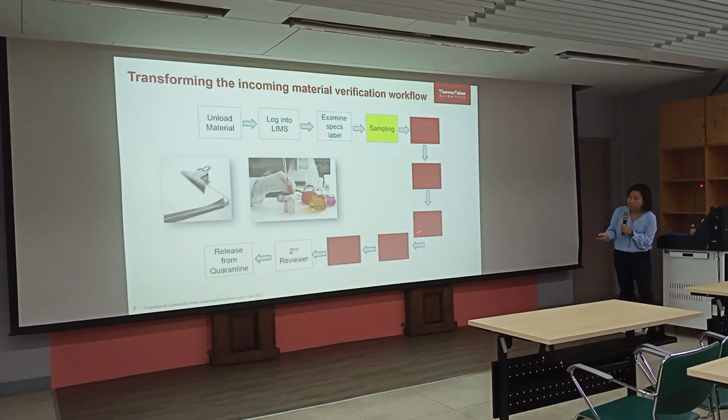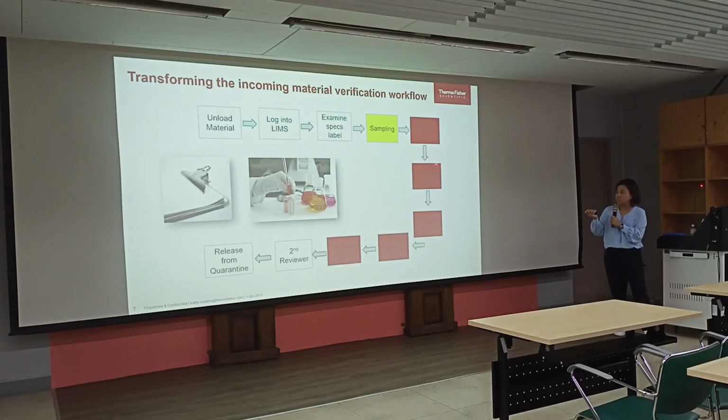This is the workflow, okay, for the traditional workflow to perform the raw material identifications. So it starts off once the warehouse personnel receive the raw material from the supplier, they will unload the materials, then log to the system, check the spec, do the sampling, then once the sampling is done, they will send to the QA/QC for the analysis.